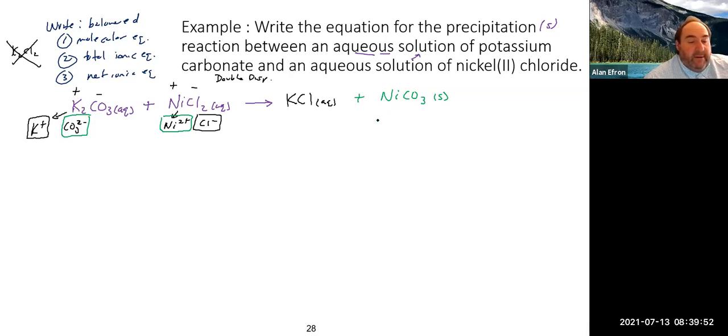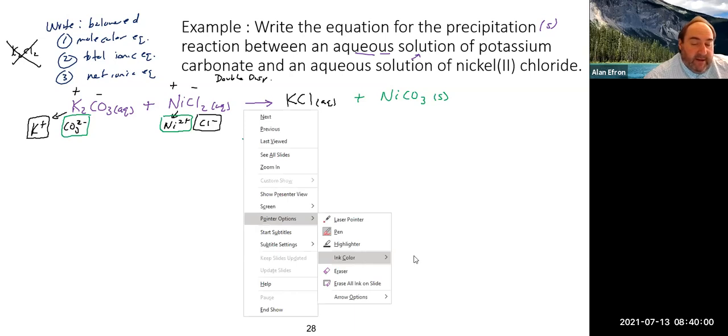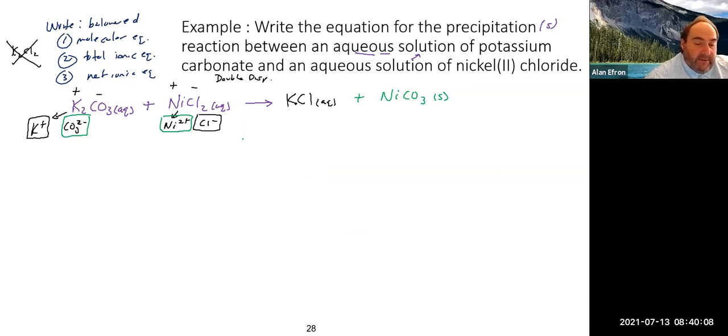Any questions on that so far? Now that I have the proper formulas down there on the right hand side, I definitely should be concerned about balancing them. I wasn't concerned about the balancing aspect first. I wanted to get the right formulas, but now that I have them, I go back and take care of the balancing by changing the coefficients in front of the proper formulas.